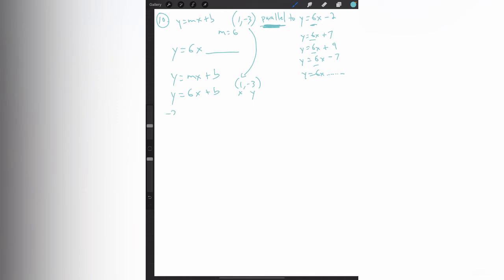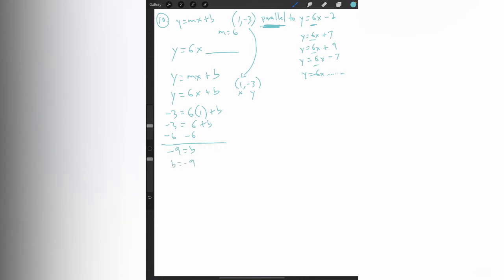So I'm going to say negative 3 is equal to 6 times 1 plus b. This is how I find what b is to answer this bit right here. Okay, so 6 times 1 is 6, equals negative 3. Go ahead and subtract 6 from each side, and I get negative 9 is equal to b. I'll just flip it around that way to make it look like that.